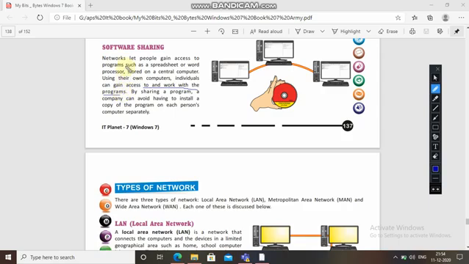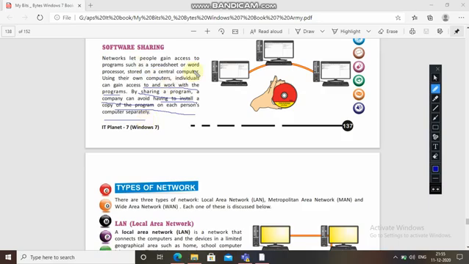By sharing a program, a company can avoid having to install a copy of the program on each person's computer separately. If they are on a network, they don't need to install it on each computer. They just share a file and each and everyone will get the file.